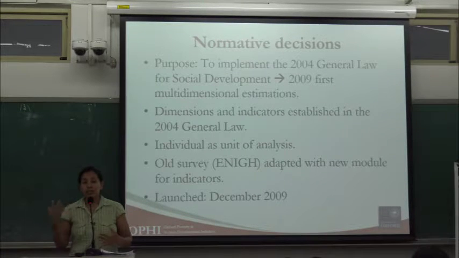You will compare with other case studies, and this was by far the longest process. The unit of analysis is the individual, and an old survey was modified to get all the data needed. This old survey was actually the one used for measuring income, and hence income poverty.